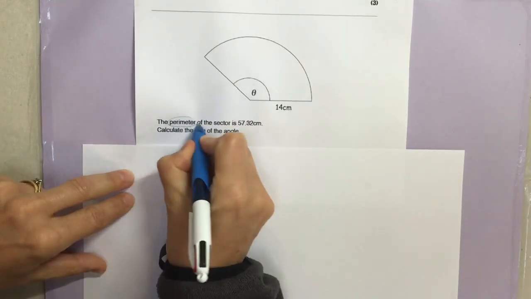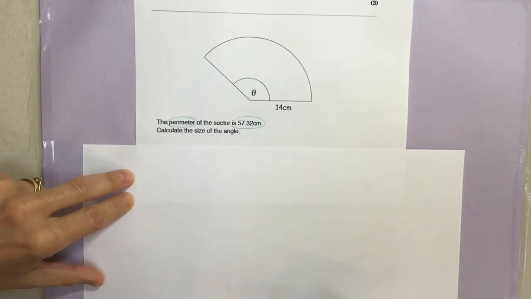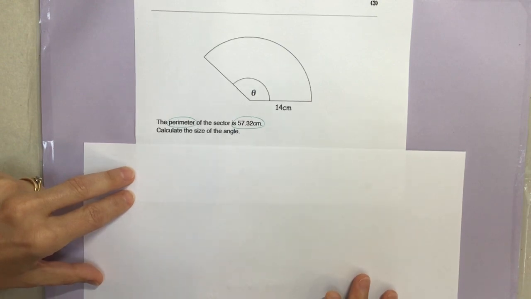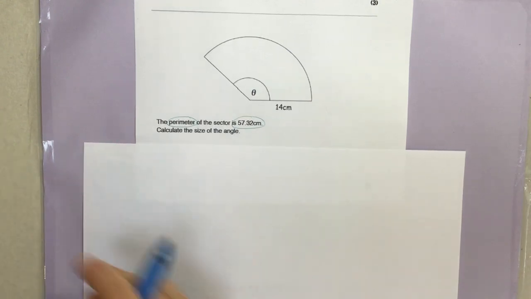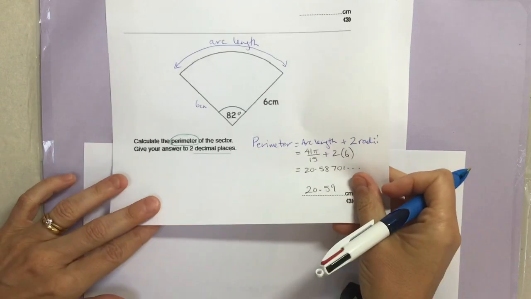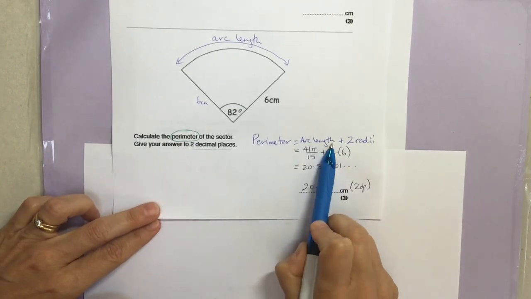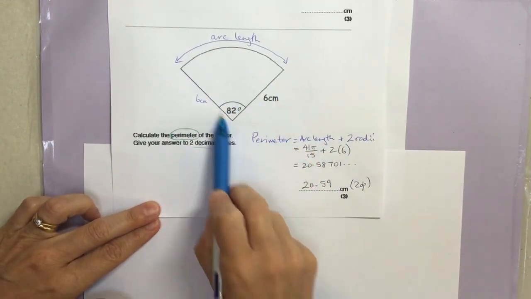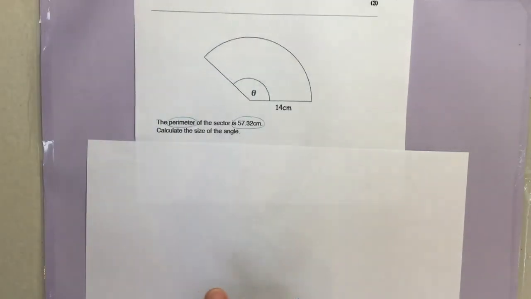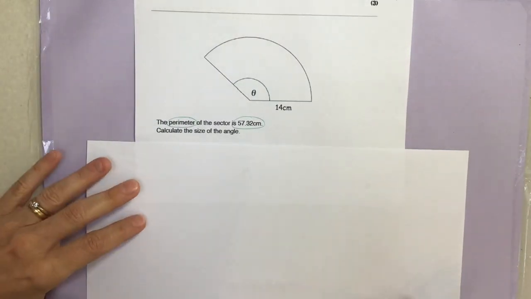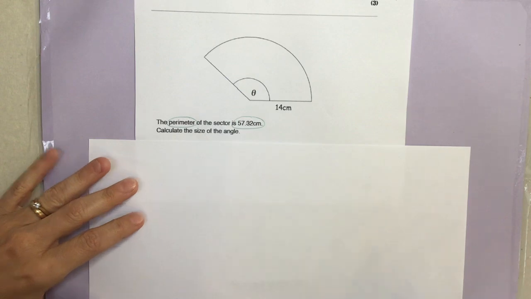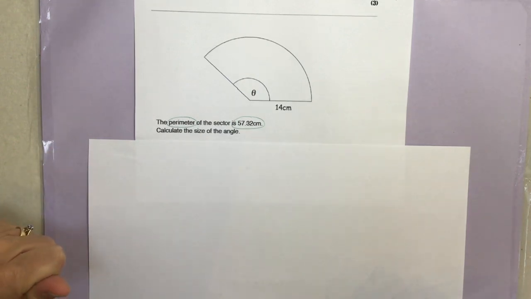This time we're told the full perimeter is 57.32. So we're going to have to remember to include, as we did in this question, the perimeter is the arc length, but plus these 2 radii. And again, in another question, you might be asked to work out what the radius is. This time we're being asked for the angle in this particular question.